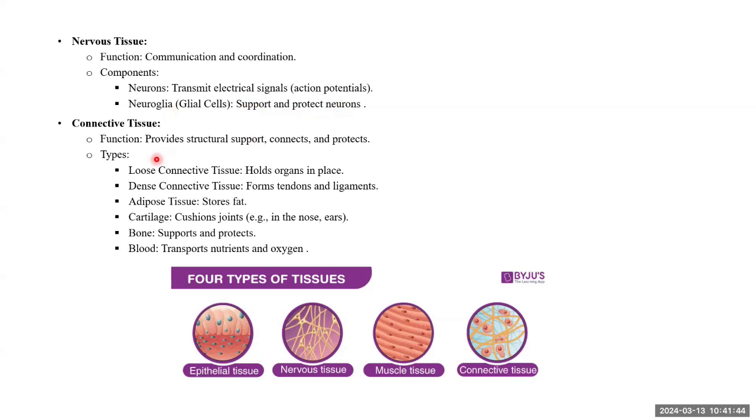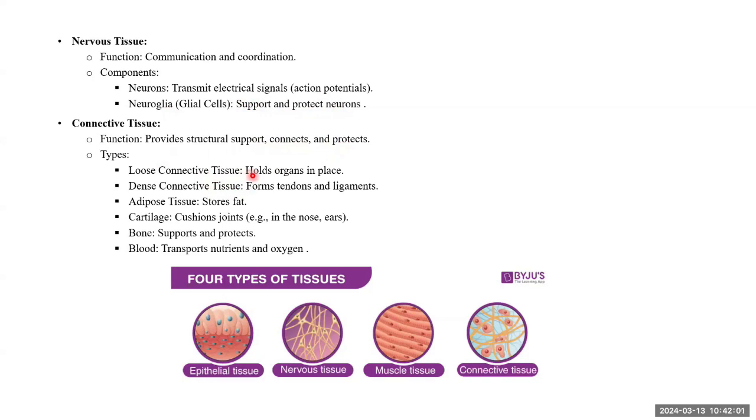Then connective tissue. Connective tissue is basically any kind of tissue in our body that provides support, that connects our body within and protects. So there is loose connective tissue that holds organs in place.